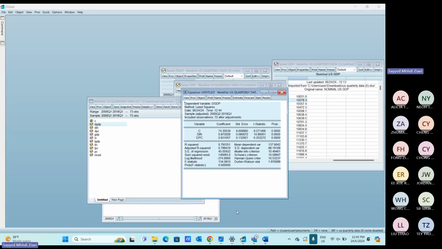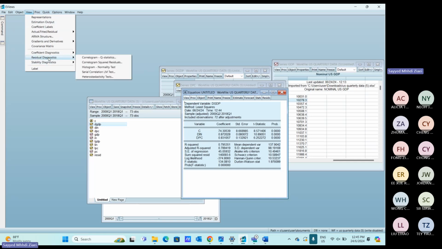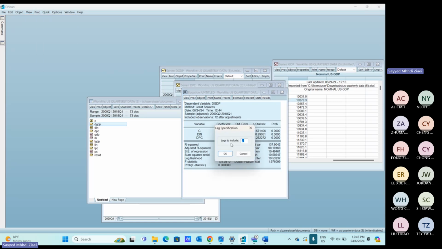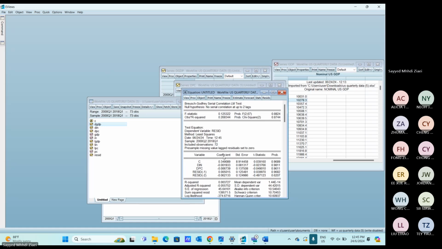So again, you need to go to view, residual diagnostic, serial correlation LM test. By default, 2 lags. Bingo. Problem resolved. Now, if you copy, paste it.